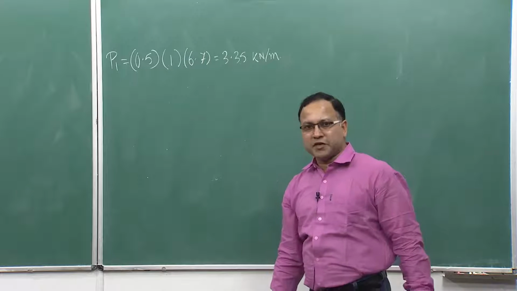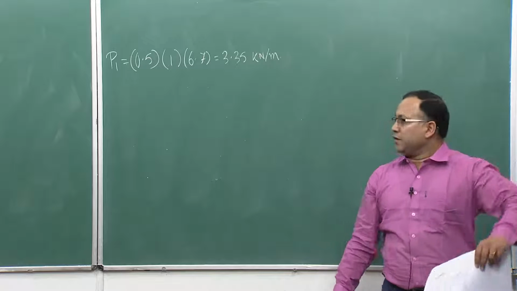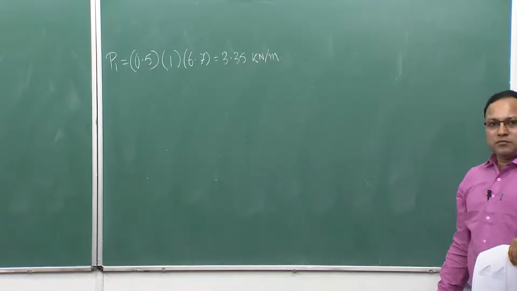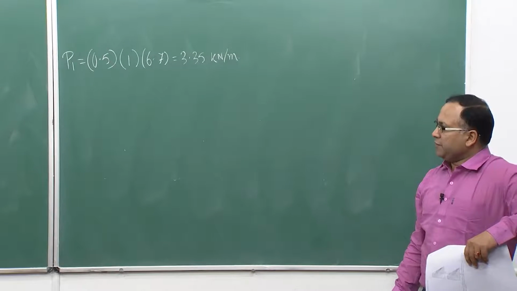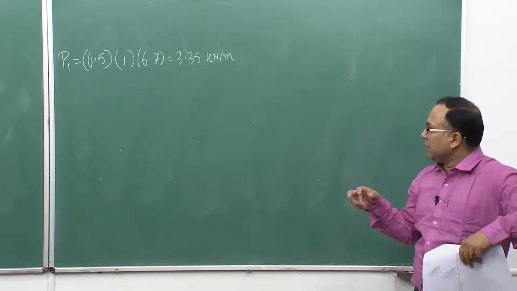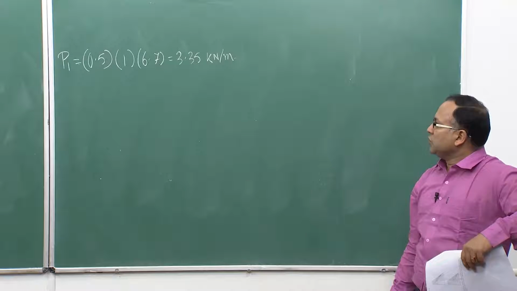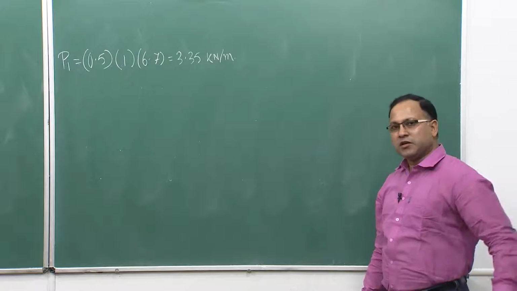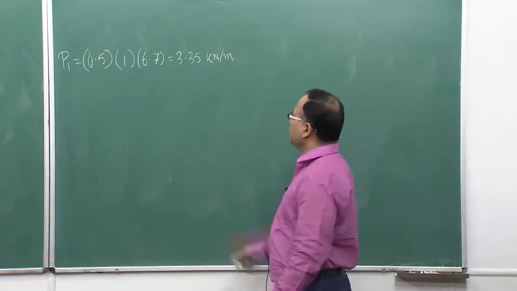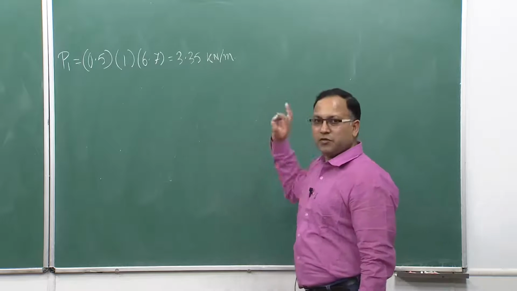So, that is the plane strain problem or 2D problem. Anyway, so this is your P1, I hope you have understood. So, 0.5 into 1, the height, and 6.7 is the base. That gives me 3.35 kilonewton per meter run of the wall. So, that thrust is P1.